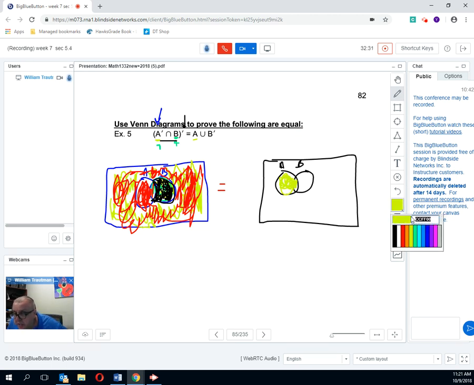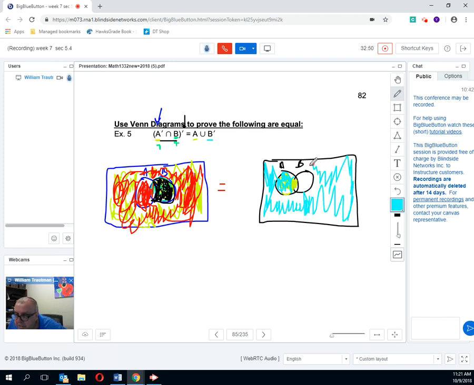Then in this other color, I'm going to use blue, everything that's not in B. You see, this is not in B. This is not in B. All this is not in B.